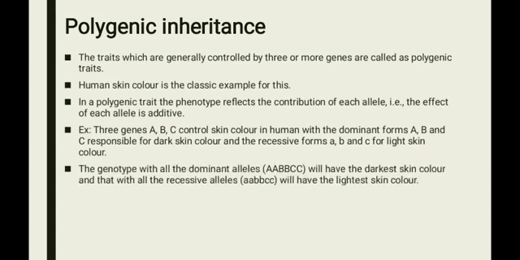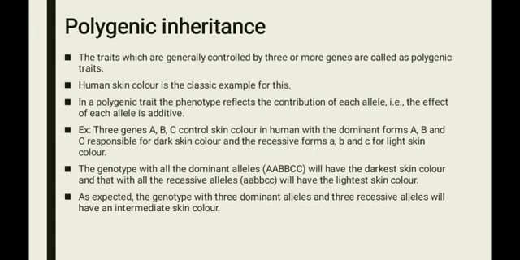The genotype with all the dominant alleles, that is capital A, capital B, capital C, will have the darkest skin color, and that with all the recessive alleles small a, small b, small c will have the lightest skin color. The genotype with 3 dominant alleles and 3 recessive alleles will have an intermediate skin color.